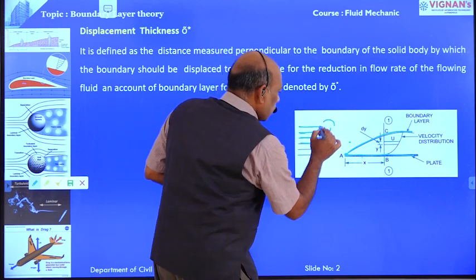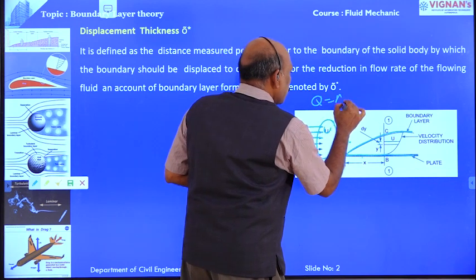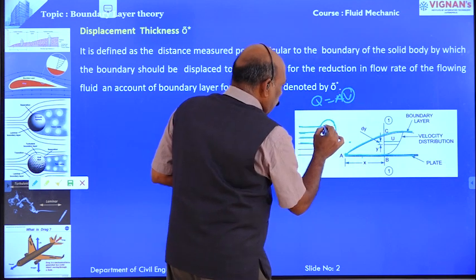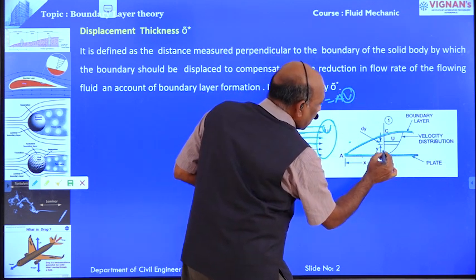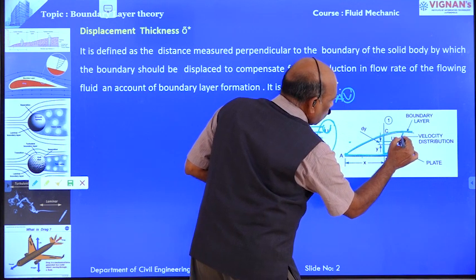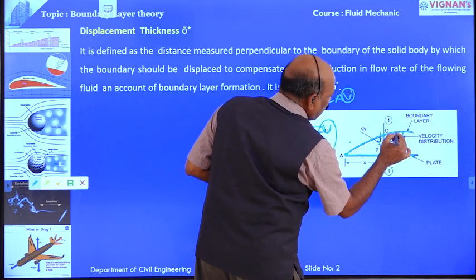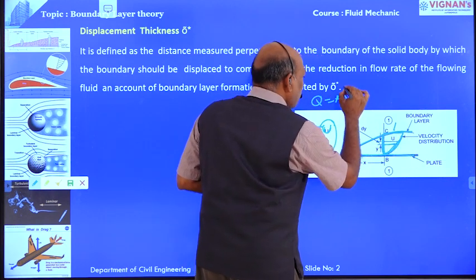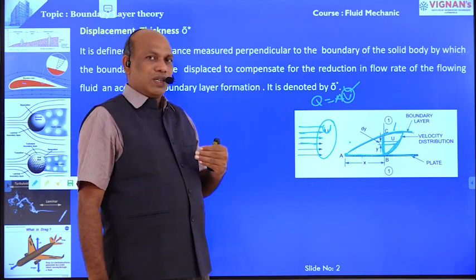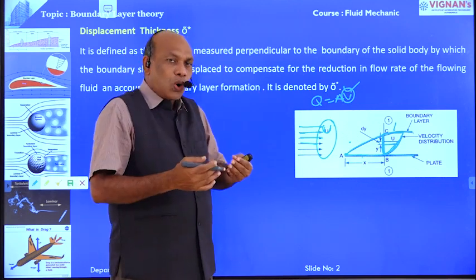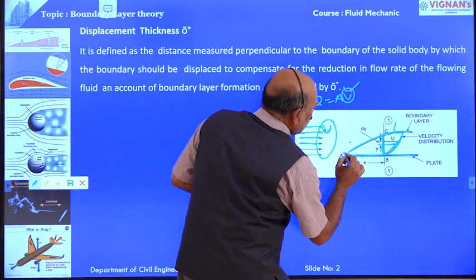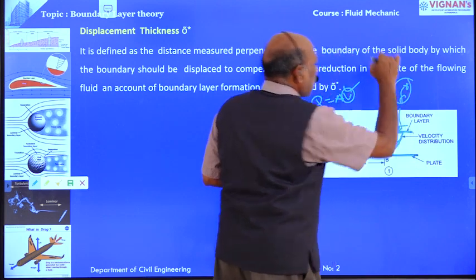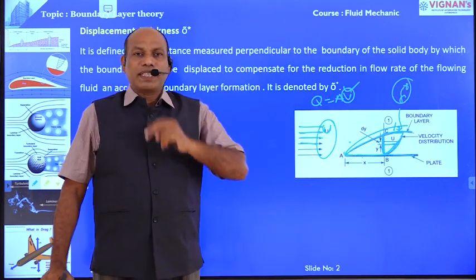Q is equal to A V. This is the free stream velocity, but within the boundary layer the velocity is not equal to the free stream velocity. The velocity gradually reaches the free stream velocity at the top, but here the velocity is less, so the rate of flow is reduced. To compensate for this rate of flow, the boundary layer is displaced by a distance delta star. This delta star is known as the displacement thickness.